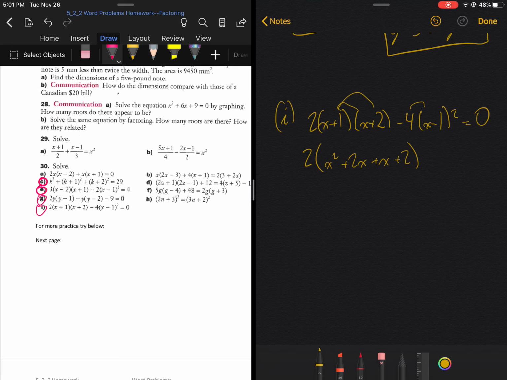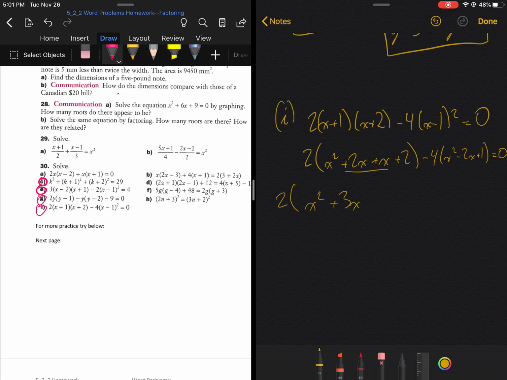Then we do the 1 plus x plus 2. And now we don't expand. We don't multiply this 4 into this. We have to square it first. Its exponents come first. Minus 4(x squared minus 2x plus 1) all equals 0.